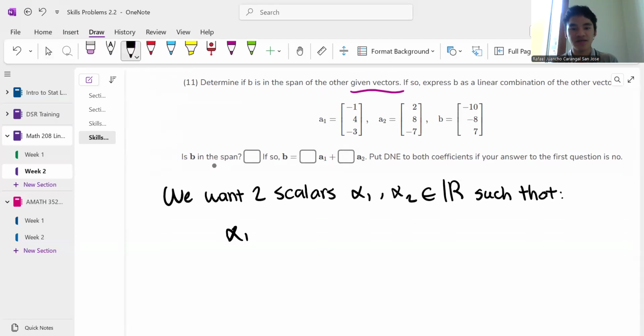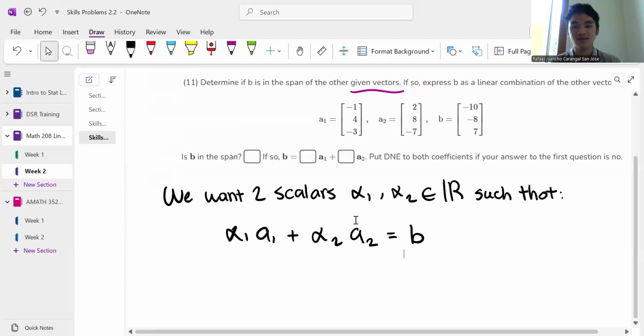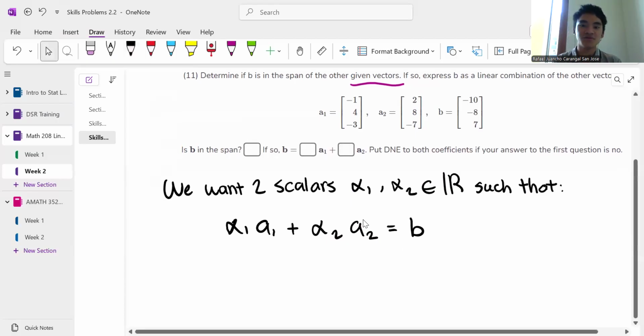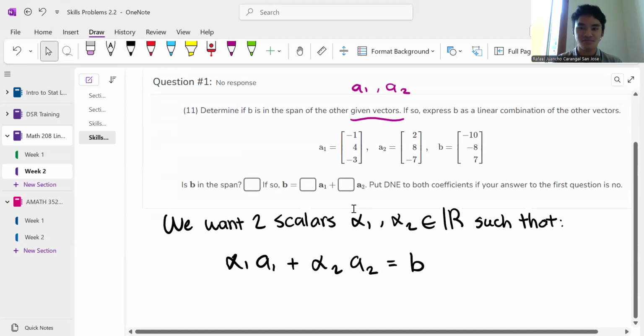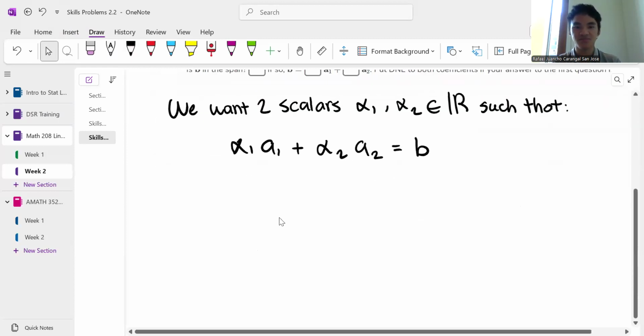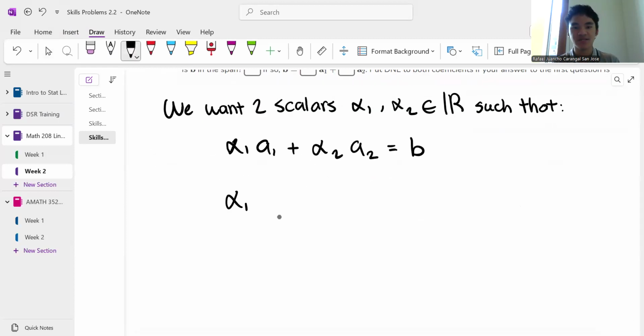well, if we multiply these scalars to the corresponding vectors that we have, we will get this B vector in return. So in other words, we're trying to find a solution. So let's actually break it down.